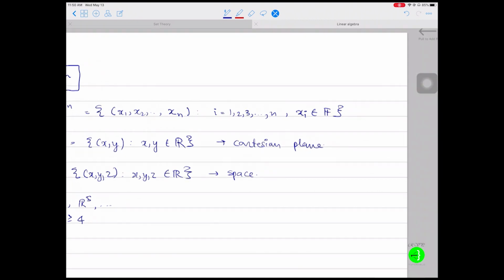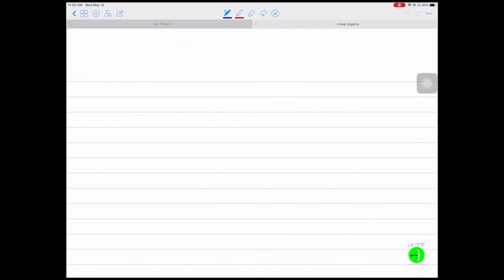So since we talk about this term Fn, let's talk about the addition in Fn. So for the addition in Fn, let there be two lists, x being x1, x2, and so on, and let y be y1, y2, and so on till yn.